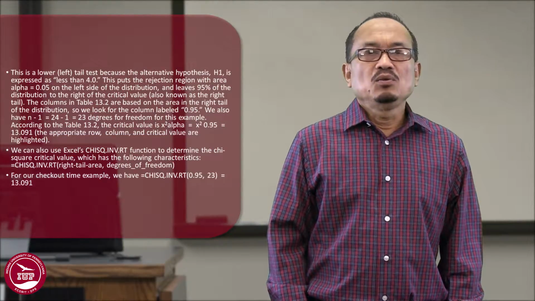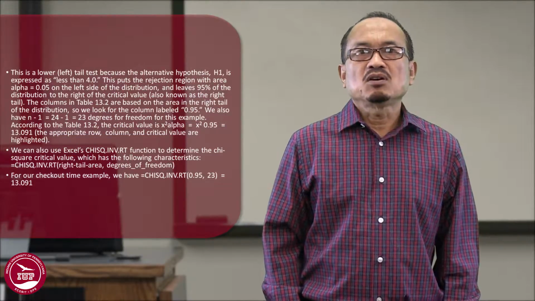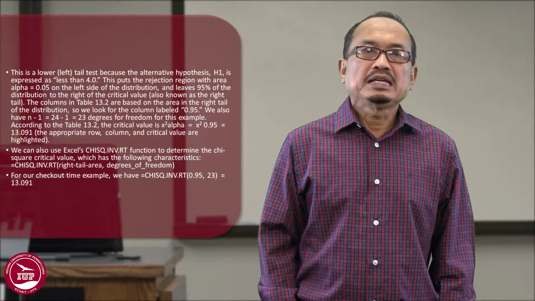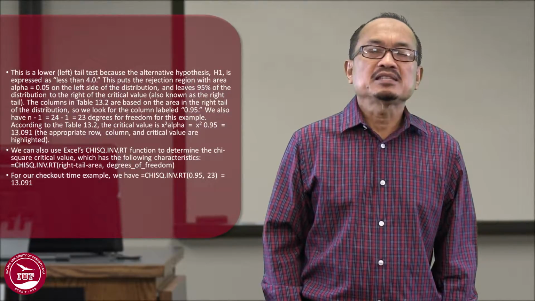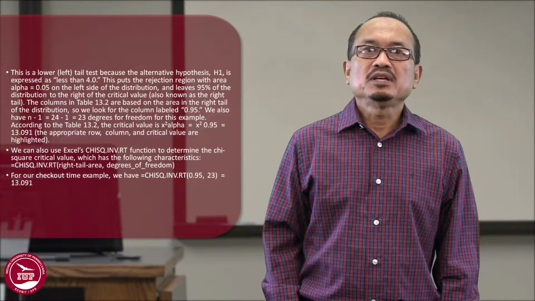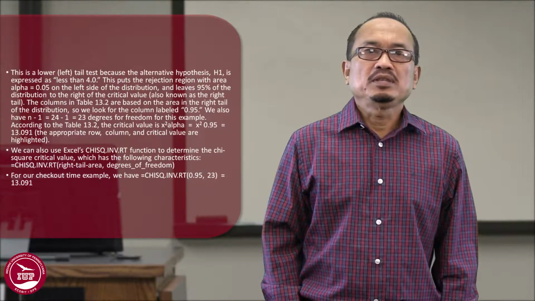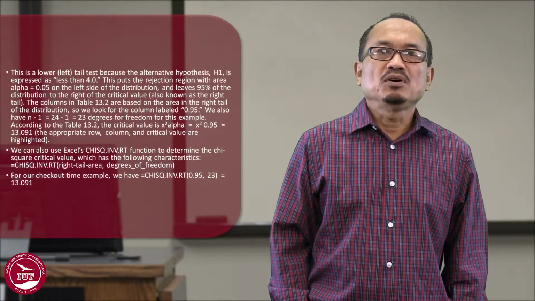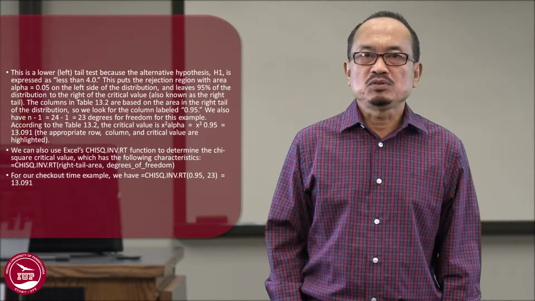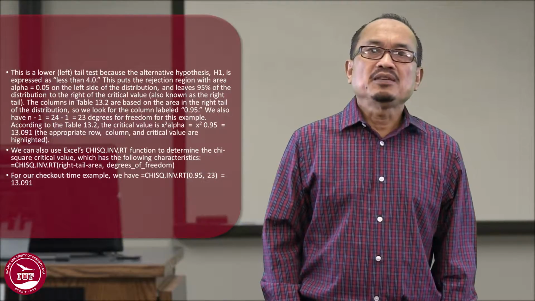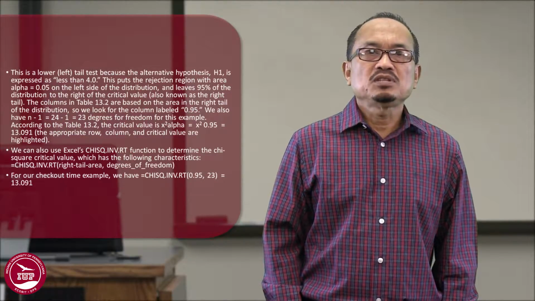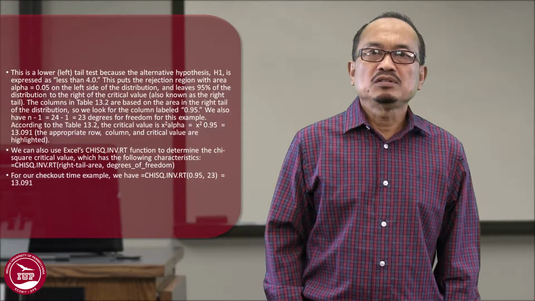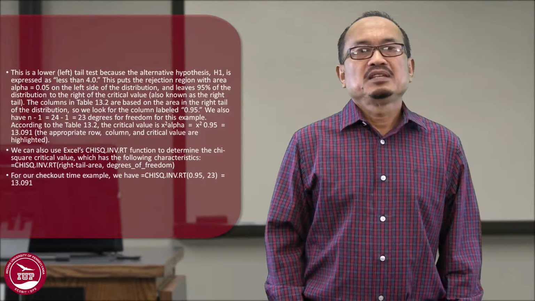Note that this is a lower or left tail test because the alternative hypothesis, or H1, is expressed as less than 4. This puts the rejection region with area alpha equal to 0.05 on the left side of the distribution and leaves 95% of the distribution to the right of the critical value, also known as the right tail.